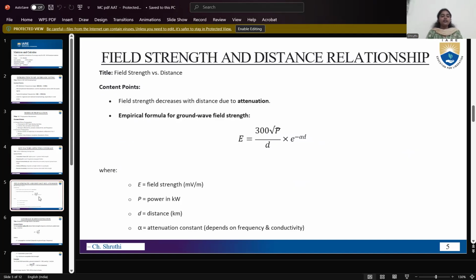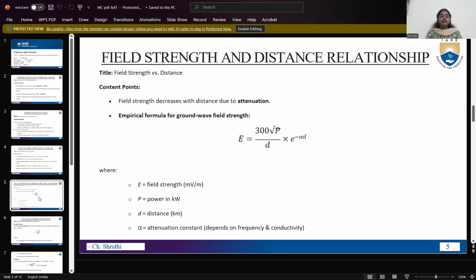So the next slide is about the field strength and distance relation. Field strength versus distance. Field strength decreases with distance due to attenuation. The empirical formula for ground wave field strength.